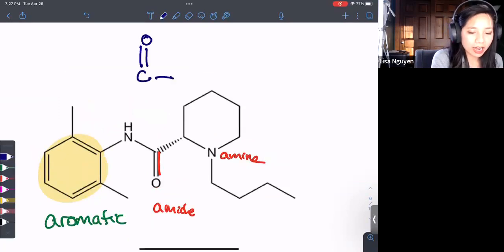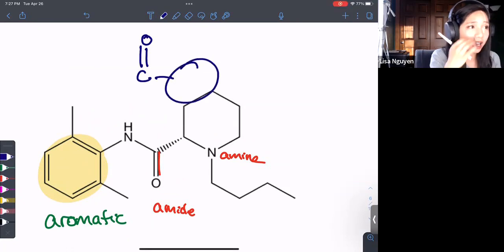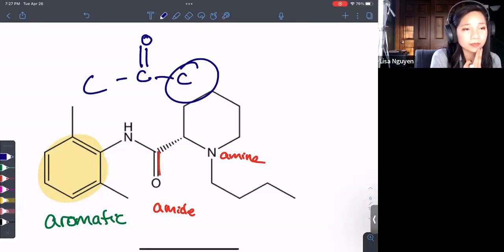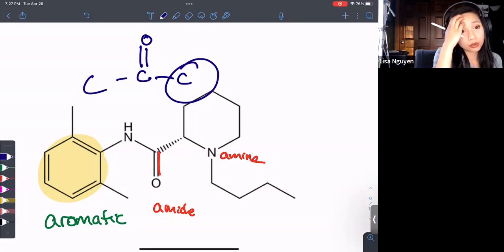You always look at what is attached to that carbonyl. If it's a nitrogen, it's an amide. When it's an OH, it's a carboxylic acid. When it's an OR, it's an ester. When it's just a hydrogen, it's an aldehyde. When it's another carbon and there's a carbon on the other side, it's a ketone. So do go back to those functional groups and review those.